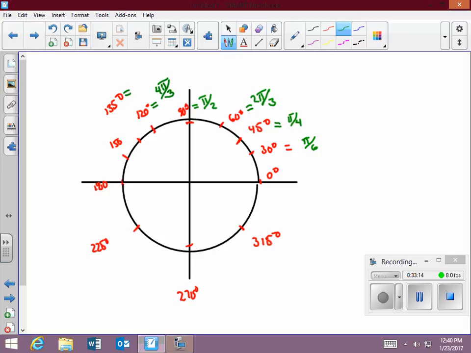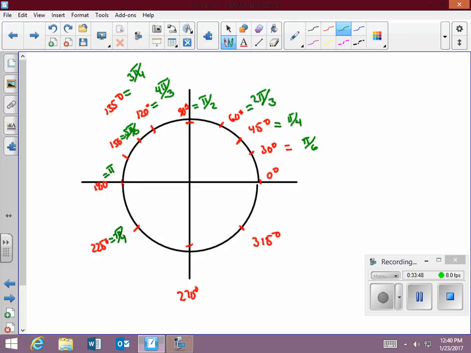And then this is, if you go 45 is pi over 4, then 90 is 2 pi over 4, and this one is 3 pi over 4. And then this one is 5 pi over 6. And then this is pi. And then this is a pi over 4 greater than pi.